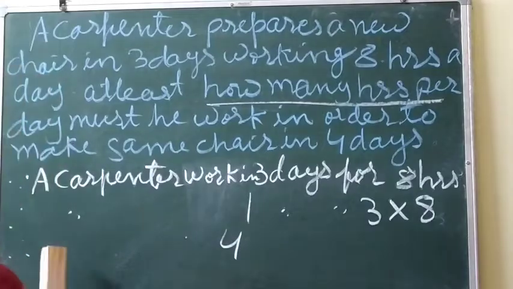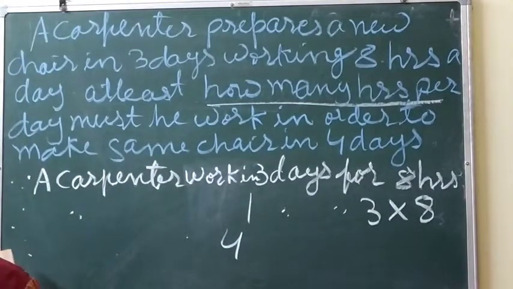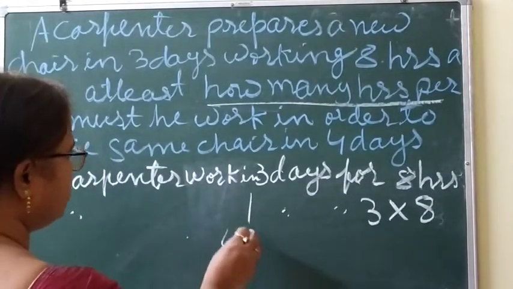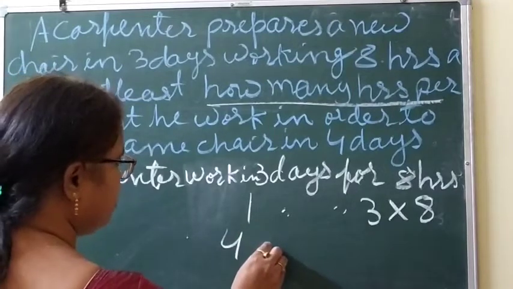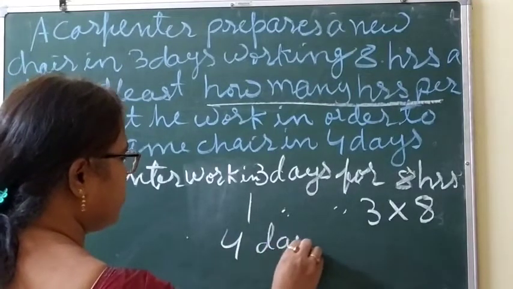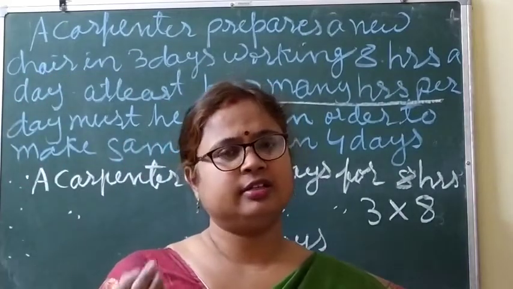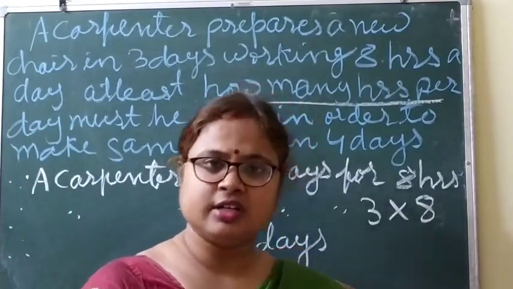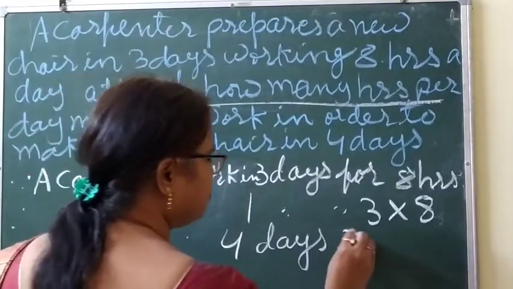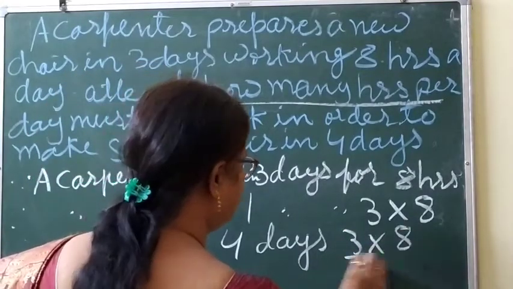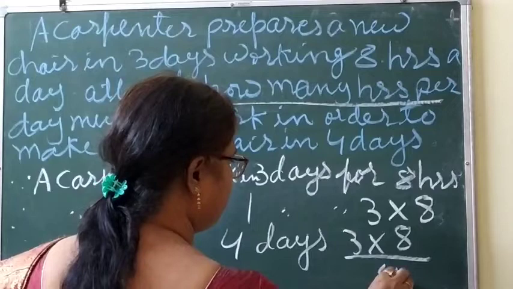Clear? So for a carpenter working in 4 days, how many hours? In 4 days, if the carpenter is working, then of course the number of days is increased. The number of hours will what? Decrease. So we will divide. So 3 into 8 divided by what? 4. Okay.